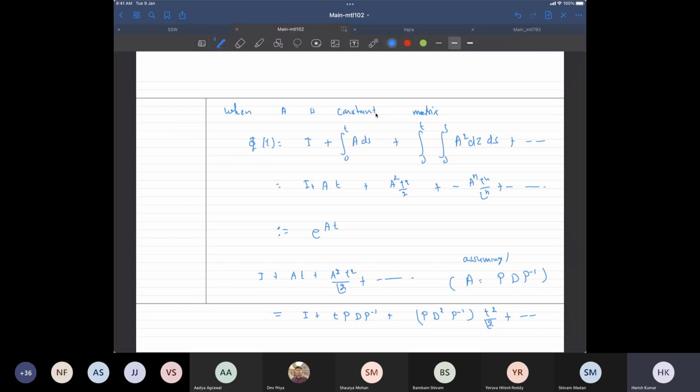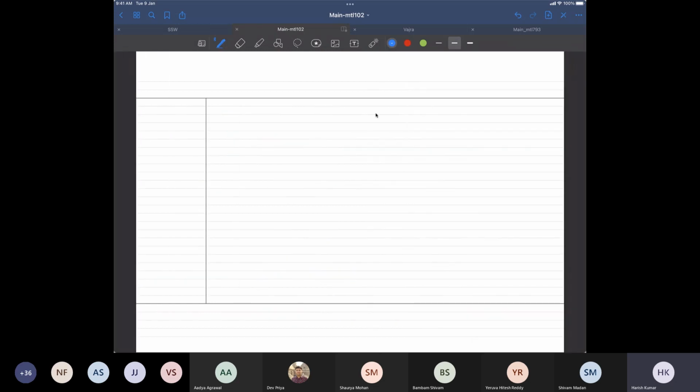And that I can write in a neat form as P times, taking it out in common, I plus Dt plus D squared t squared by 2 and so on, D^n t^n by n factorial, and so on and so forth, times P inverse.